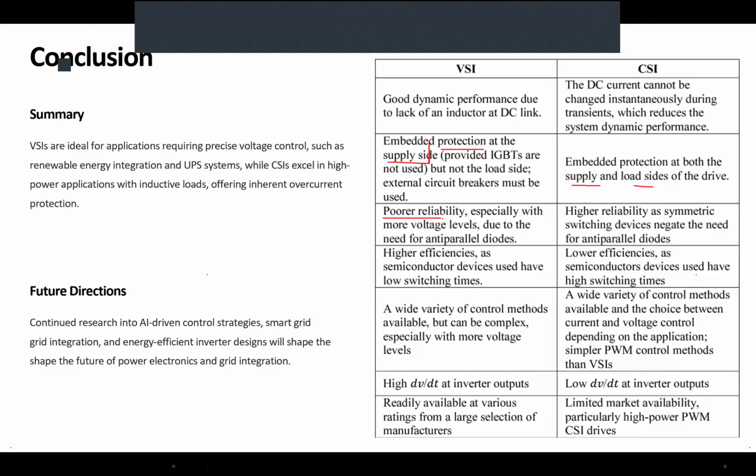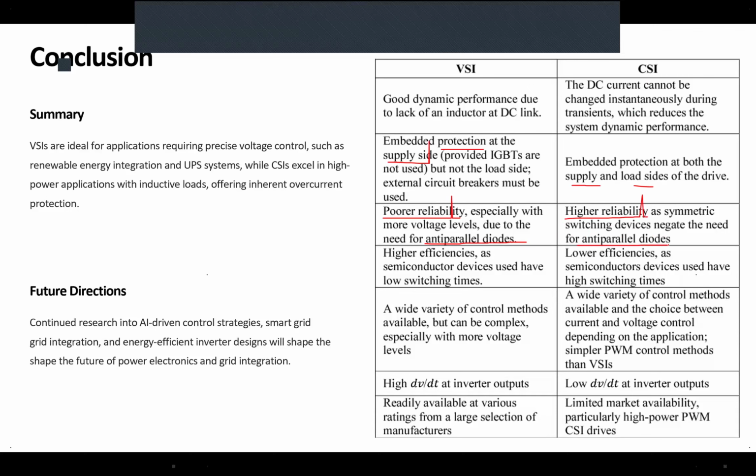VSI has poorer reliability, okay, and needs anti-parallel diodes to enhance that situation. CSI has higher reliability, okay, and doesn't need the anti-parallel diodes.